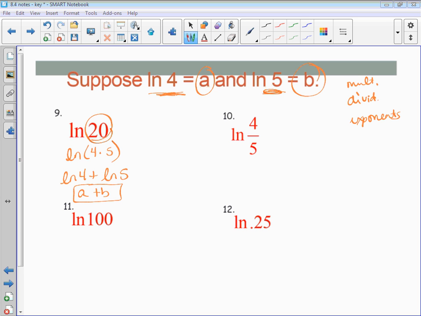Sometimes you don't. It's really helpful, I know. Do we have to use 4 in number 11? I don't know how you're going to get 100 out of not using the 4. We got it. Okay.